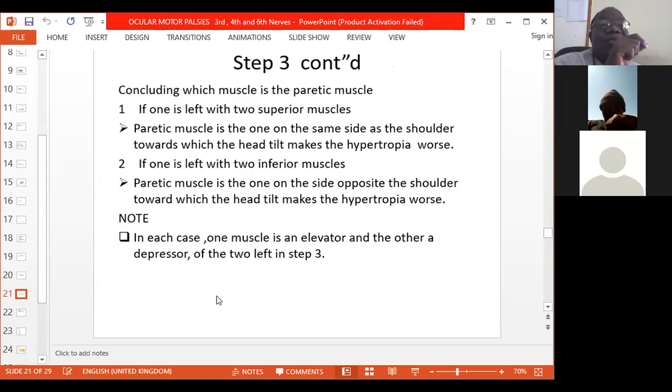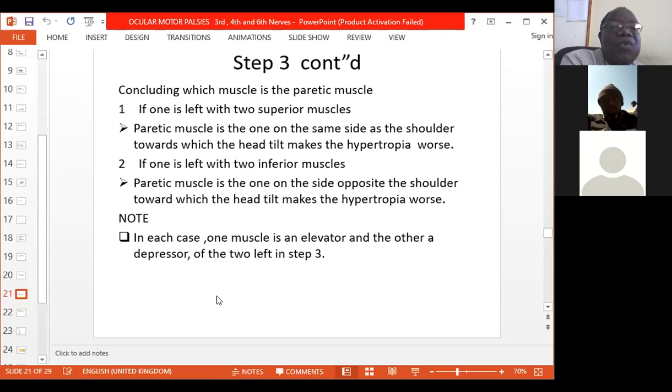The paretic muscle is the one on the same side as the shoulder towards which the head tilt makes hypertropia worse. If it's right, then you are talking of the right. If one is left with 2 inferior muscles, the paretic muscle is the one on the side opposite the shoulder towards which the head tilt makes the hypertropia worse. If it's left, it's opposite. If it's right, it's the same right shoulder.